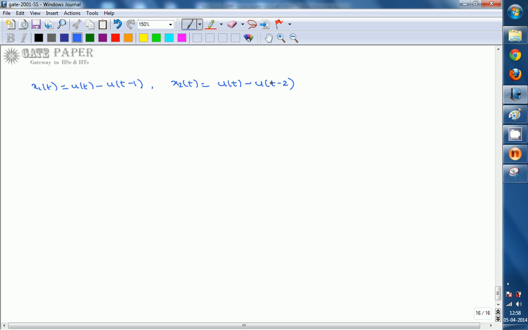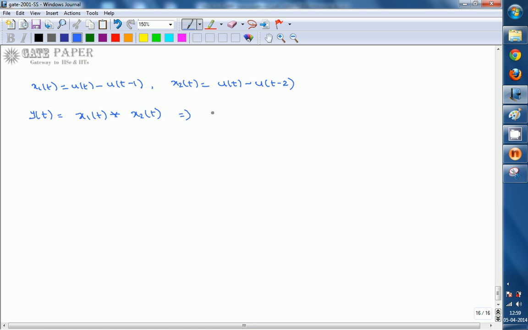Now we need to find the convolution between these two. Let the convolution be represented by y of t equals x1 of t convolved with x2 of t.